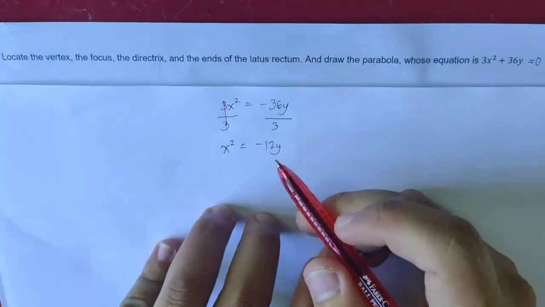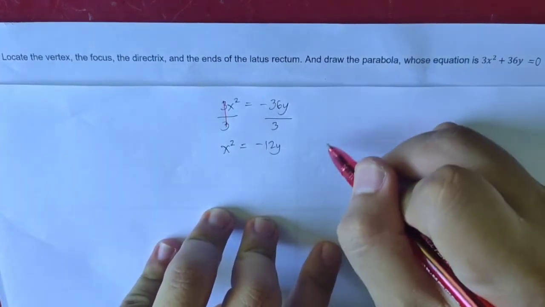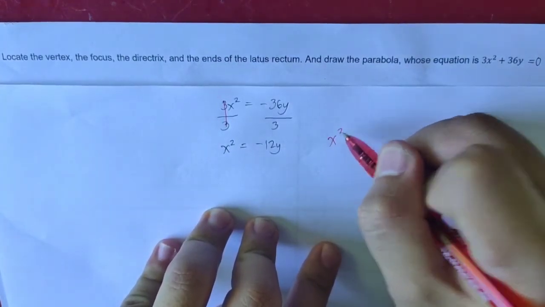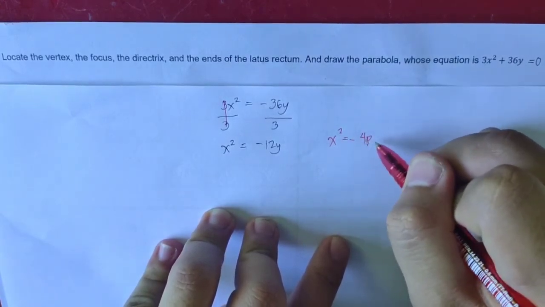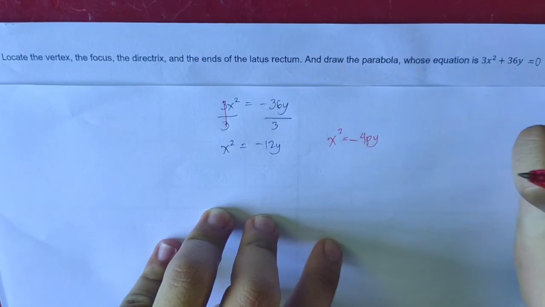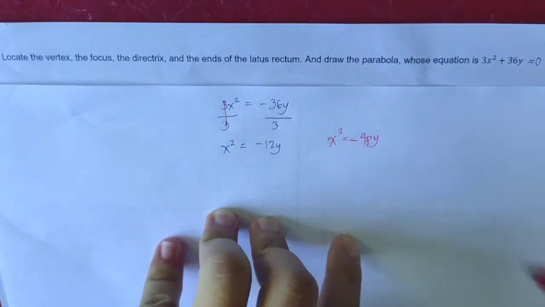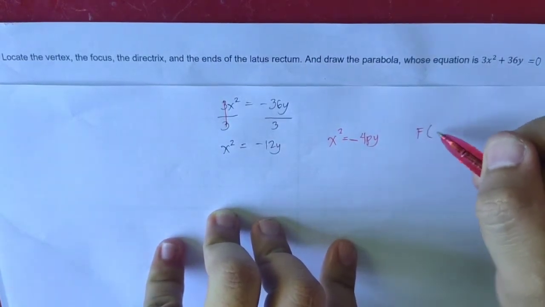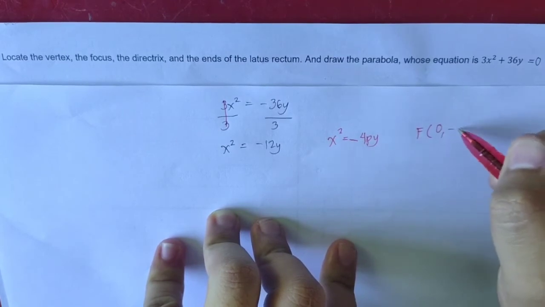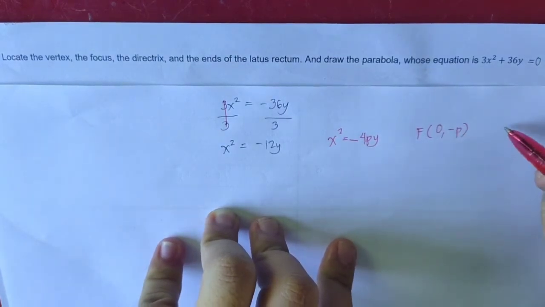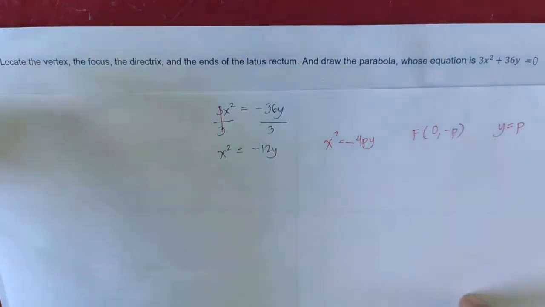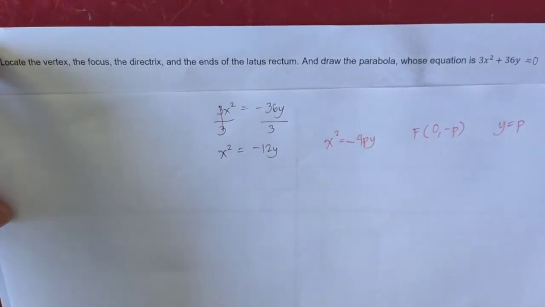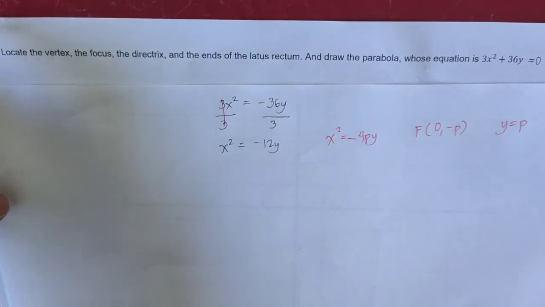So, ito na yung bagong equation natin. Ang katulad na equation is x squared equals negative 4py. And ang focus niya is at 0 and negative p, while ang directrix niya is y equals p. Next, hanapin muna natin yung length ng latus rectum bago natin mahanap yung value ng p.